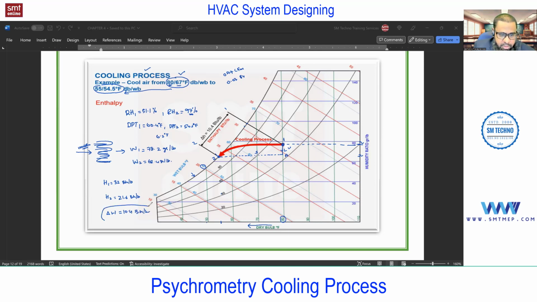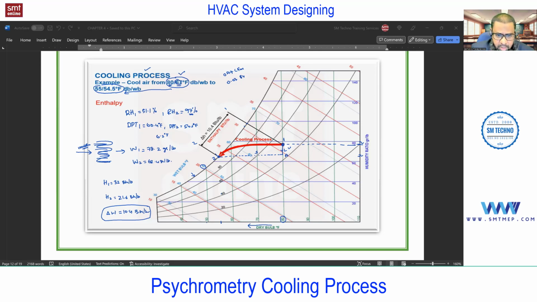Now the conclusion is, if you extract 10.4 BTU per pound, the temperature can decrease from 80 to 55 dry bulb, and the wet bulb. We'll verify this wet bulb also. You see, this blue color line is the wet bulb. See 60, 70, so 65 or 67, this one.